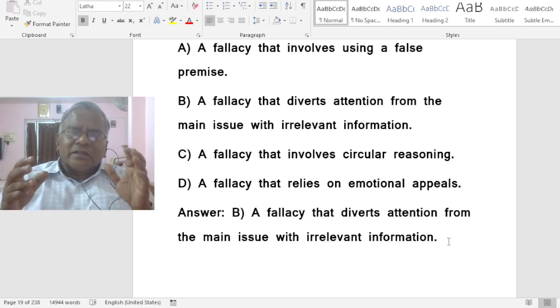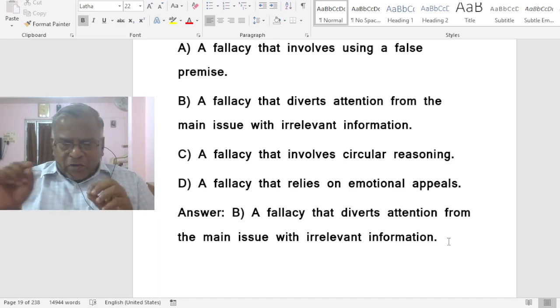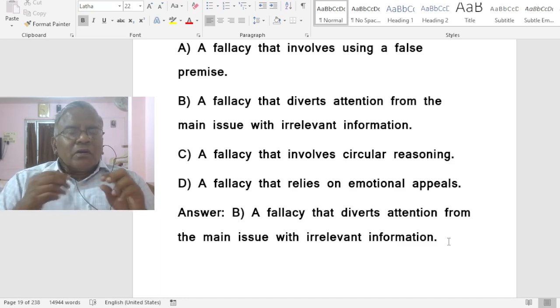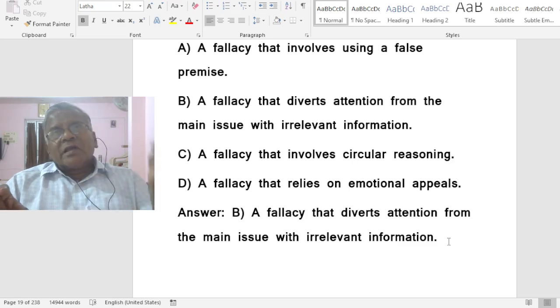See, there is an argument between two people, for an example, on a particular point. So, the person who is quarreling with another person, you won't see the main issue. When he is asked or questioned, he will not answer directly the question. Rather, he will blame the person.